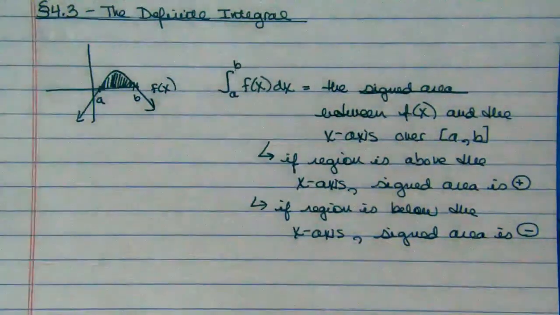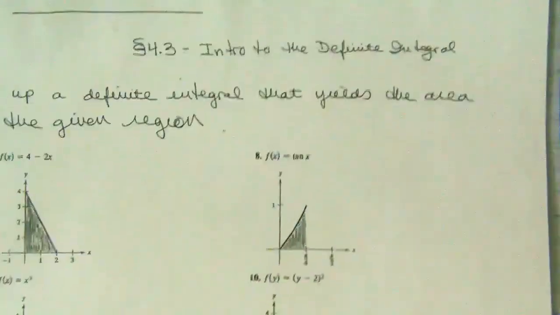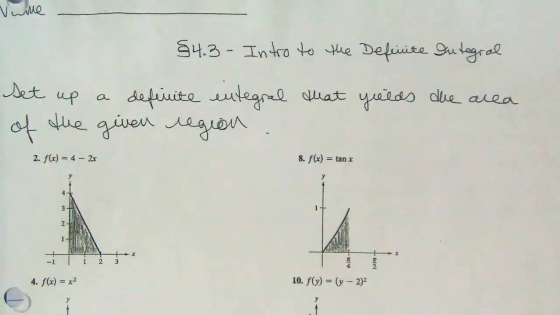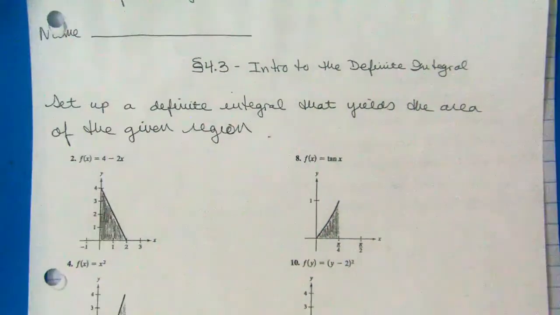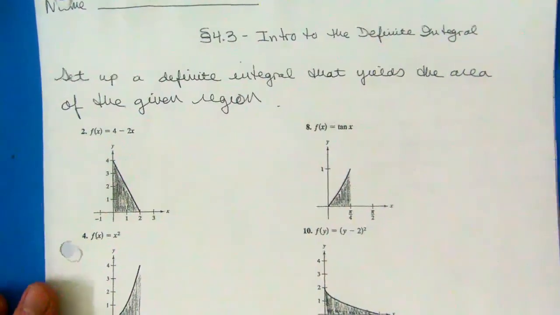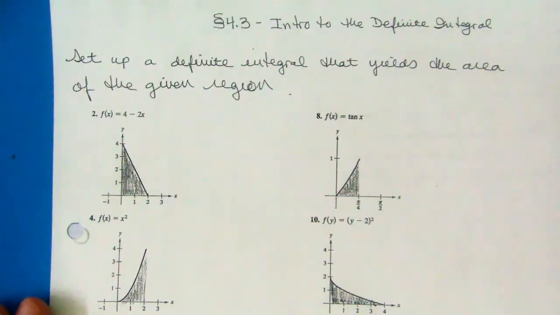Okay, can you please take out the sheet in the packet of in-class examples that I gave you, titled Section 4.3 Intro to the Definite Integral. What we're going to try to do here is create an integral that would find the area, or signed area, but in all these cases, since they're above the x-axis, it's going to be positive, of our region.